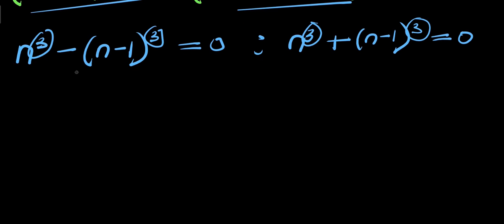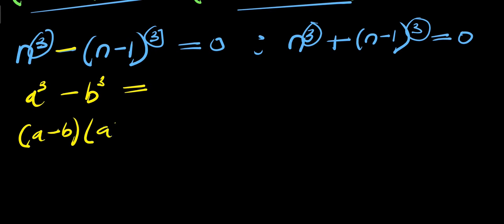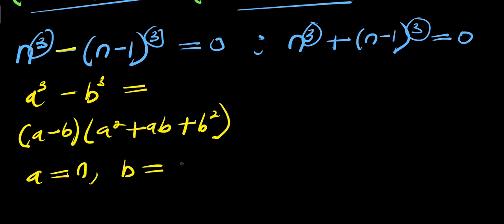The first identity, for minus: a^3 minus b^3 equals (a − b) times (a^2 + ab + b^2). In this case, our a equals n and b equals n − 1.